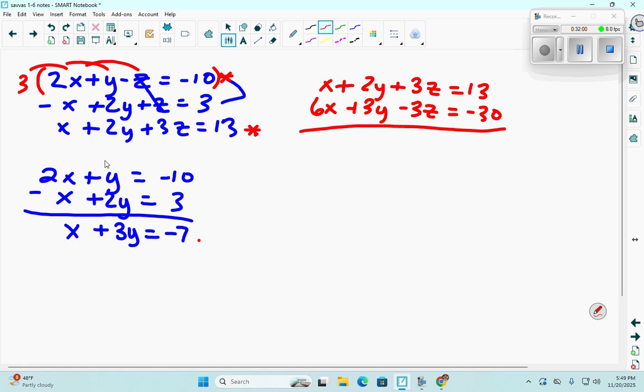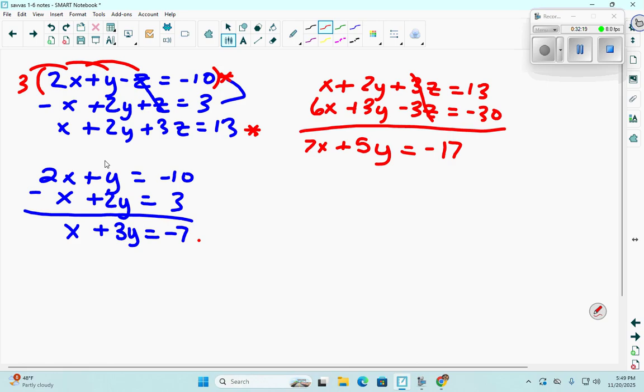Okay, so I can eliminate just like I did in that very first one. Okay, so I have a 6x and a 1x, which is going to give me 7x. 3 plus 2y is going to give me 5y. My z's are gone. Okay, and then I subtract 30 and 13, and I get a negative 17.